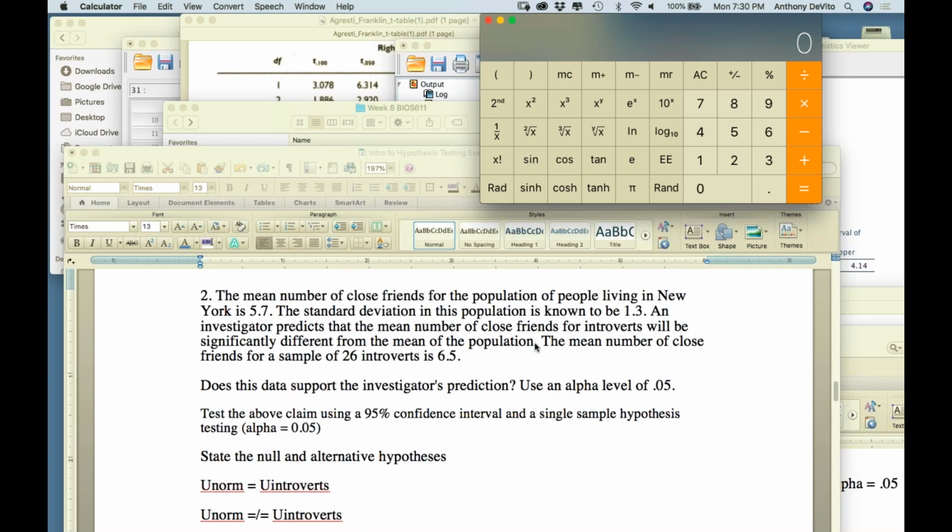I'll bring this back up. 5.7, 6.5 are the two means.